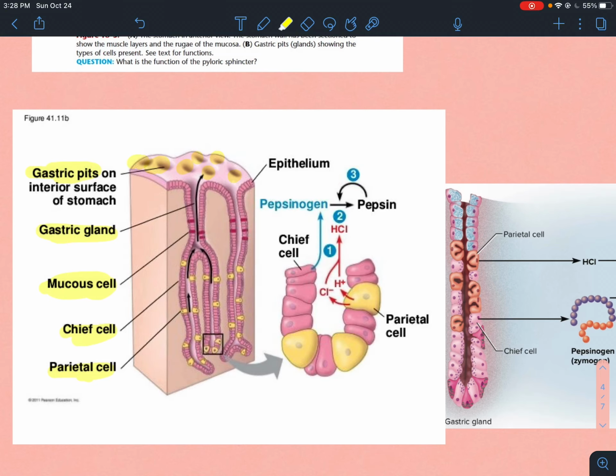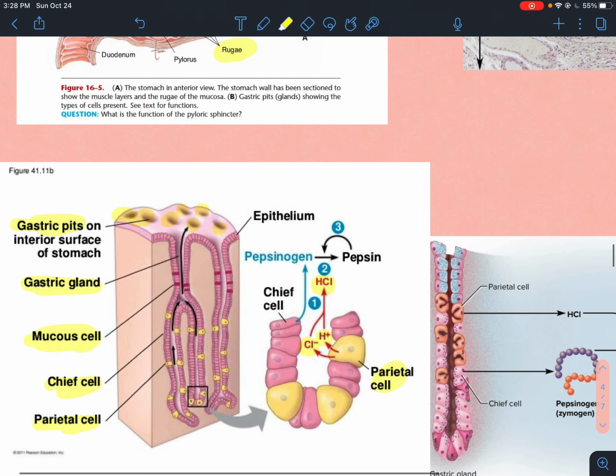Let's see what contents they are responsible for. The parietal cells are making hydrochloric acid. Notice that you have Cl- and H+ coming out of them. And these get together to make a very potent acid known as hydrochloric acid.